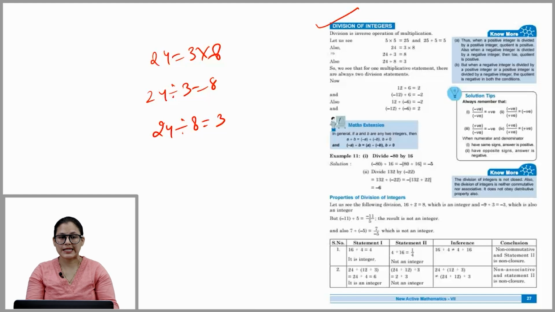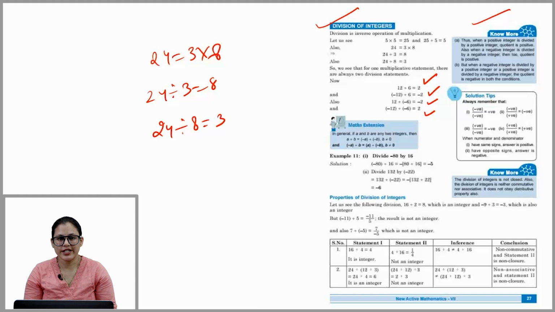So we see that for one multiplicative statement, there are always two division statements, right? See, 12 divided by 6 is equal to 2, minus 12 divided by 6 is equal to minus 2, and 12 divided by minus 6 is also minus 2, and minus 12 divided by minus 6 is equal to 2, right?